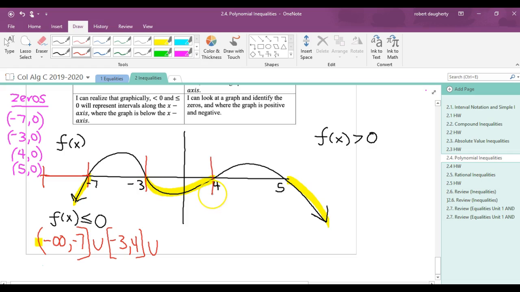This interval is from -3 to 4. This interval is from 5 to infinity. I travel on the x-axis. So this last one is 5 to infinity. Okay. These intervals are all on the x-axis. So this first interval, -infinity to -7, -3 to 4, 5 to infinity.